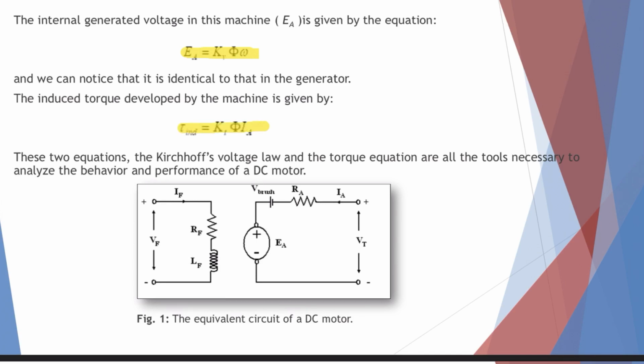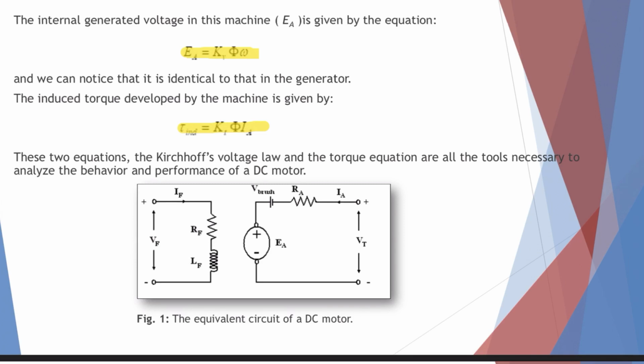Torque induced equals K flux current IA. These two equations, the Kirchhoff voltage law and the torque equation, are all the tools necessary to analyze the behavior and performance of the DC motor.